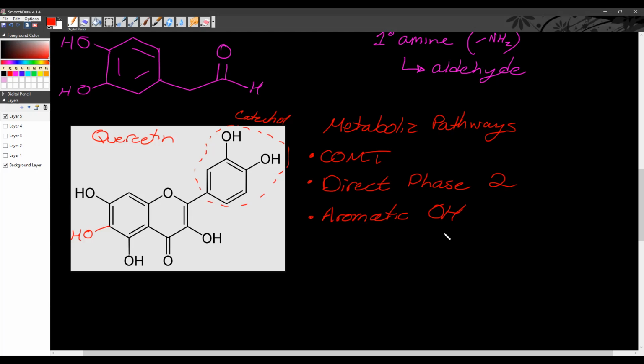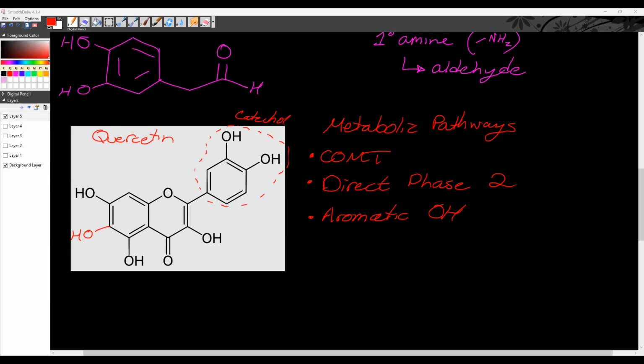Exactly. Direct to phase 2. If you can skip phase 1, it's going to skip phase 1. If it doesn't have to spend energy modifying the structure of this thing, it will just go and do it. It does not care. If it can just conjugate it somehow and get rid of it, it would much prefer to do that. Any questions about that?